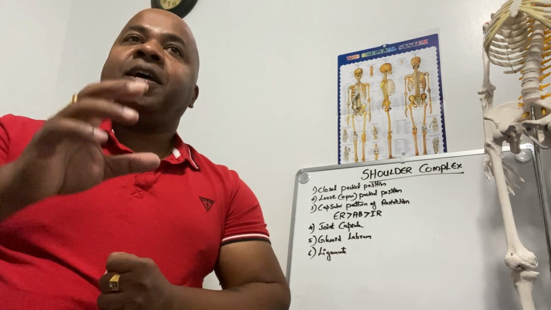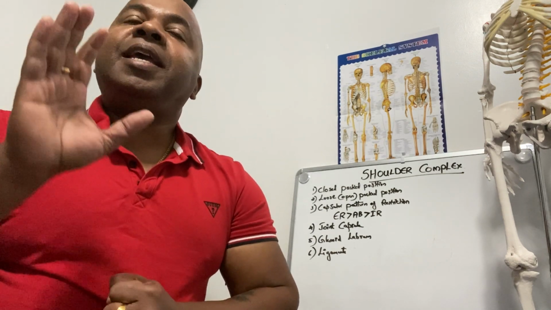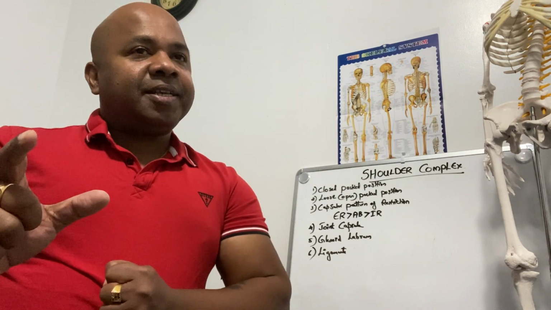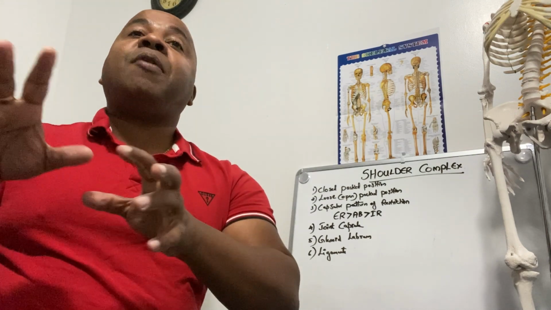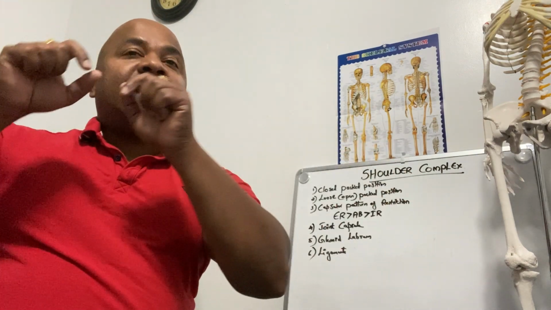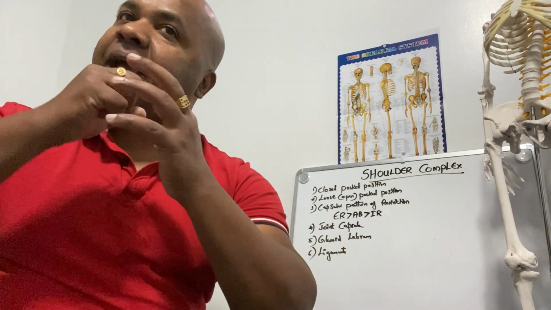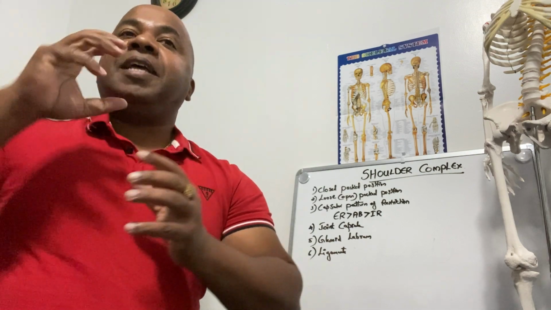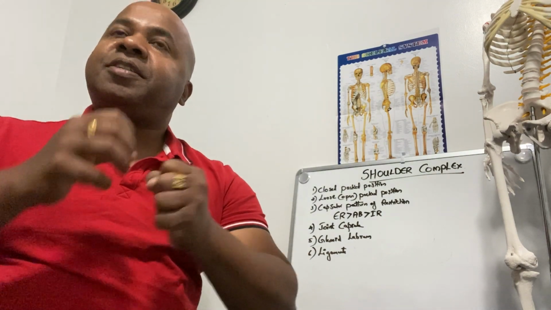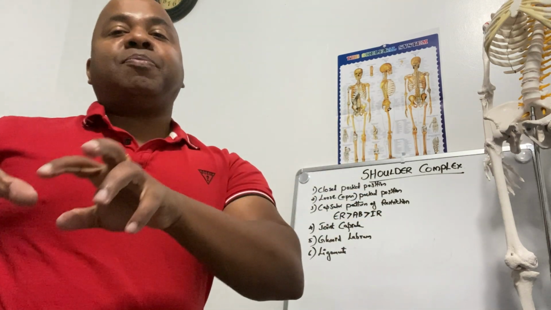What do we mean by minimal joint play? It means the mobility is less, and when the mobility is less, on the other hand, we have maximum stability. So the close packed position is where the articulating surfaces are in maximum contact, the ligaments and joint capsule are maximally tight, there is less mobility and maximum stability.